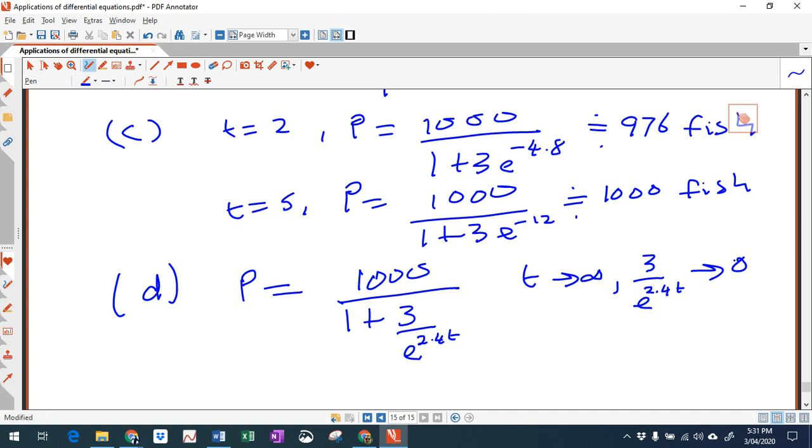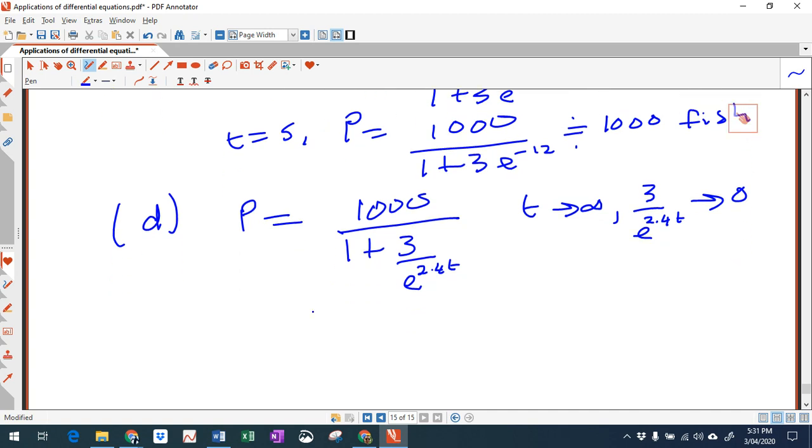Okay, so that means you're going to get 1,000 over 1 plus 0, which equals 1,000. So his maximum possible fish number is 1,000 fish. All right, so put the units there, fish.